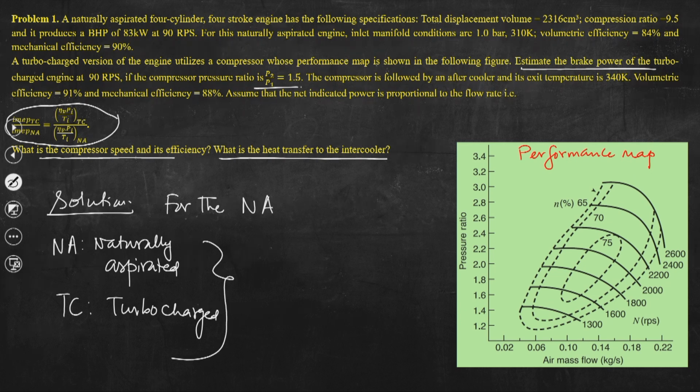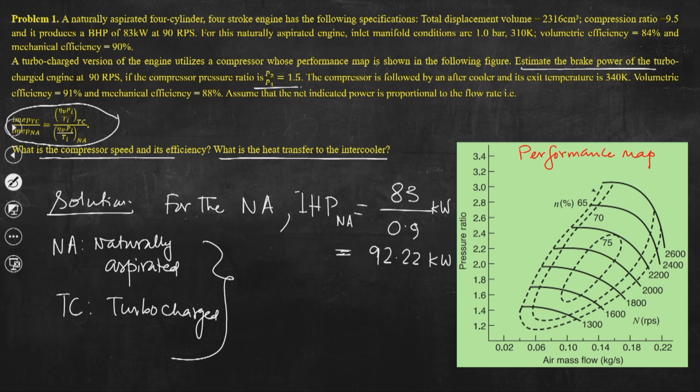For the naturally aspirated engine, indicated horsepower, that is IHP NA, equals, because it is given that 83 kilowatt is the brake horsepower, and brake horsepower by indicated horsepower is the mechanical efficiency, that we know. So, indicated horsepower should be brake horsepower divided by mechanical efficiency, that is 0.9. This is in kilowatt and it is coming as 92.22 kilowatt.